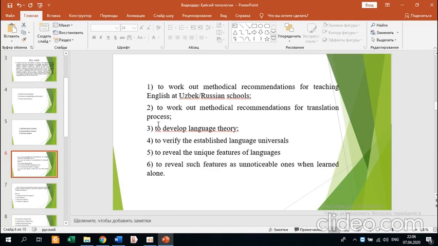This kind of comparative study of the languages is achieved by distinguishing both similarities and dissimilarities between the languages in question.